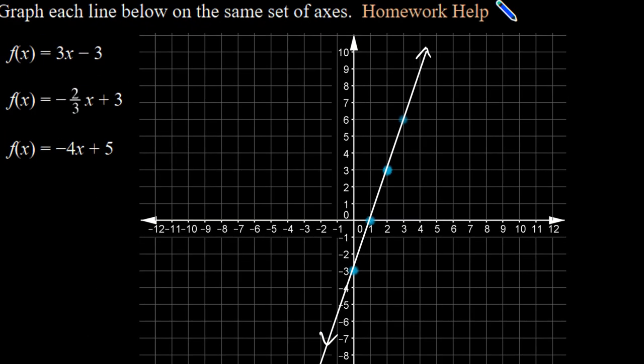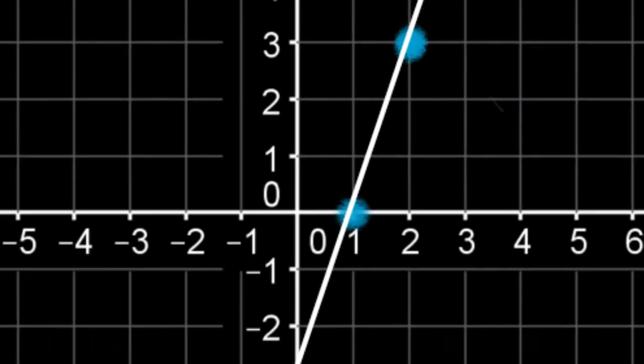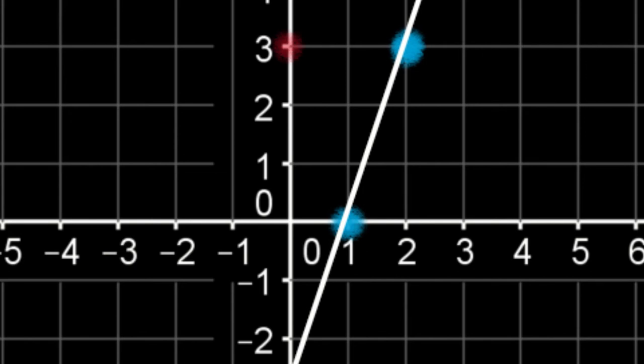Let's look at the next function. This one has a y-intercept that starts at positive 3. The last one was at negative 3. And it has a slope pattern that's down 2 over 3. So starting at positive 3, I can begin here, and then I'm going to go down 2 units and then over 1, 2, and 3 units right here. And then I'll go down 1, 2 units and over 1, 2, 3 units right there.